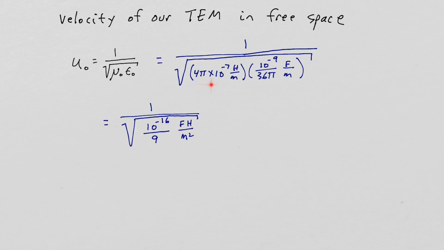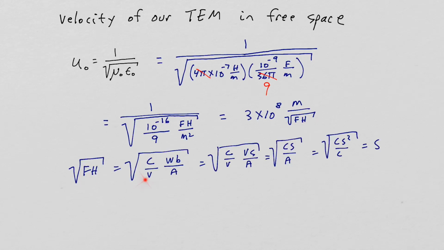So we have this right here, which becomes 3 times 10 to the 8th meters over the square root of farad henries. A farad is a coulomb per volt. A henry is a Weber per amp. A Weber is a volt second. So the volts cancel, and we have coulomb seconds over an amp. And an amp is a coulomb per second. So we get seconds.